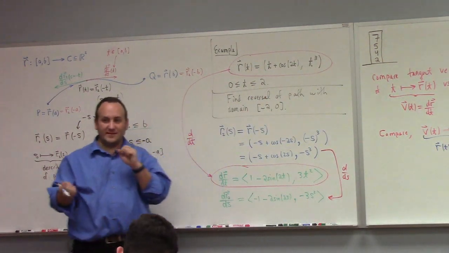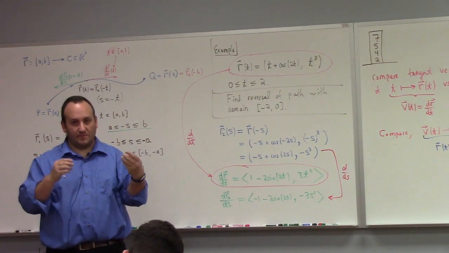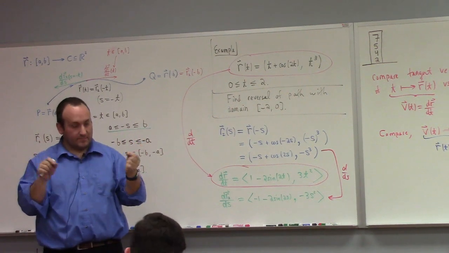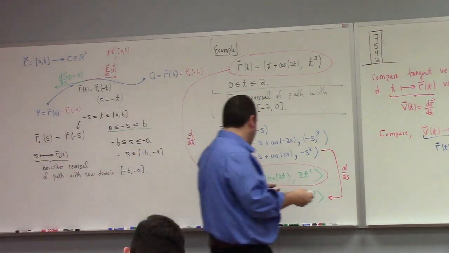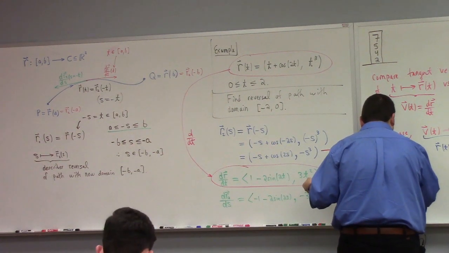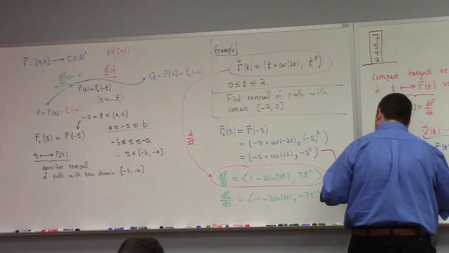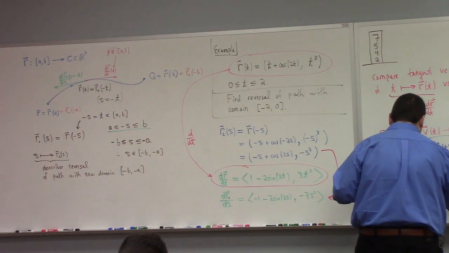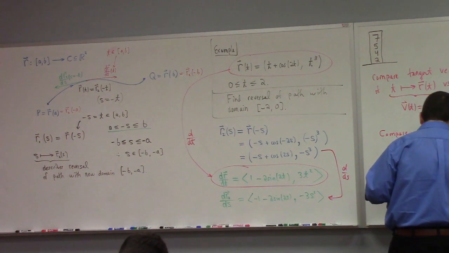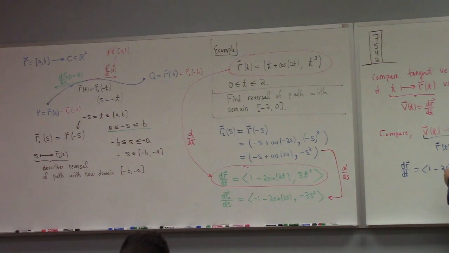So when I plug t into the original path and minus t into the reversal, we're looking at the same point on the path. All right, getting back to my example, what's dr dt? There it is: 1 minus 2 sine of 2t, 3t squared. Versus what is v2?